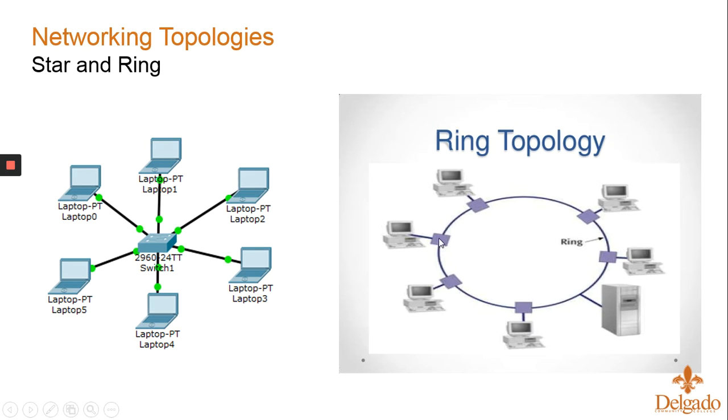If I had a switch failure here on the ring, all these other devices are still working fine. I'm only going to lose this computer off the ring versus everything. So rings are very popular for resiliency. The term is resiliency. Stars are easy to implement, but there's perhaps some risk based on the point of failure with that switch.